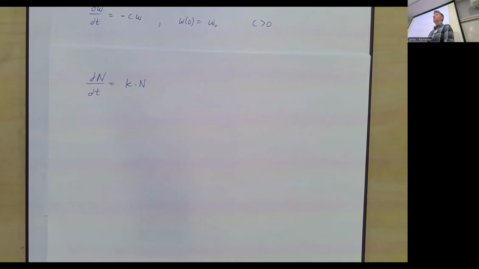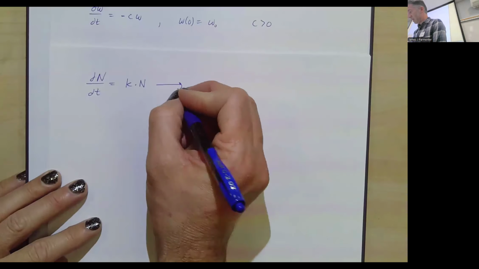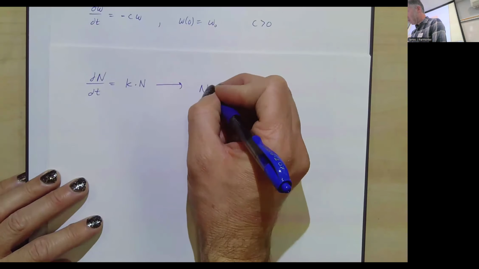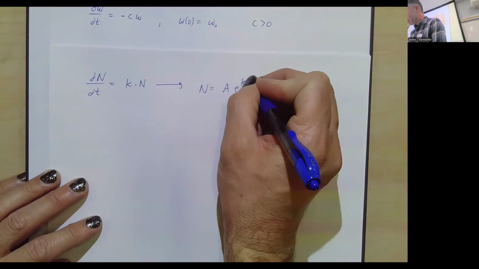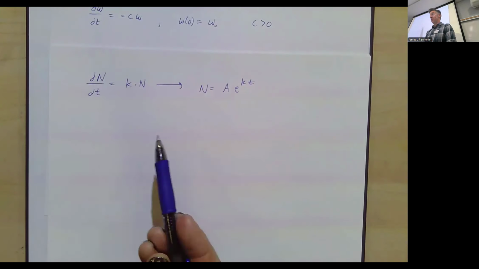In either case, when we solve this, we're going to get that the solution is your usual exponential growth model or exponential decay model. So I know before even doing anything that we're going to be getting something like n equal to a e to the k times t. And that's a pretty typical thing that happens so often that you probably just want to be aware that it's going to happen. Like we can totally solve this differential equation.